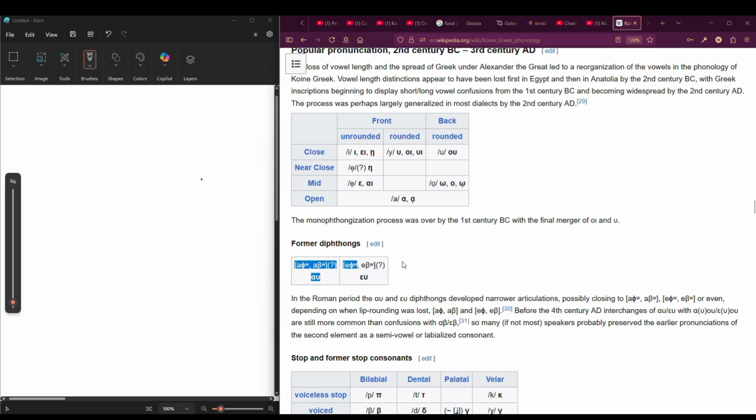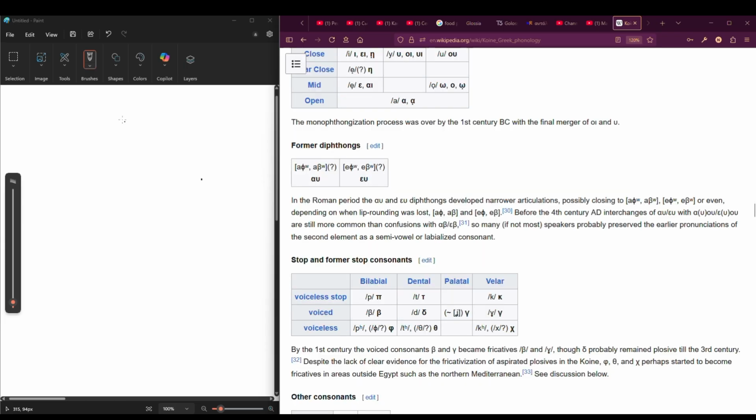So here's a more commonly important one that comes up. If you have a word like this, I'm not very used to writing in Greek yet, originally this would have been a word with a diphthong that's banded together.